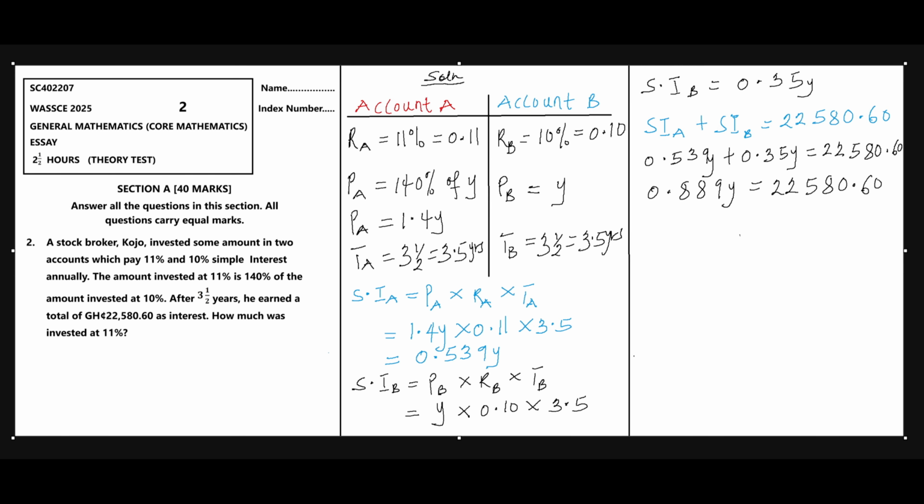Now we are looking for y. So let's divide both sides by 0.889.